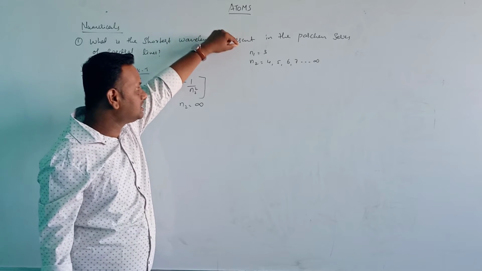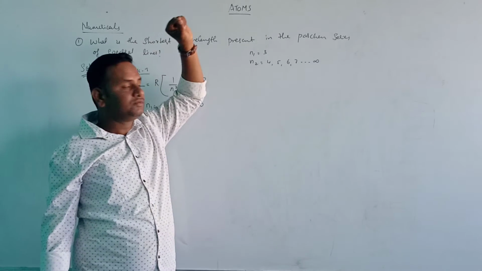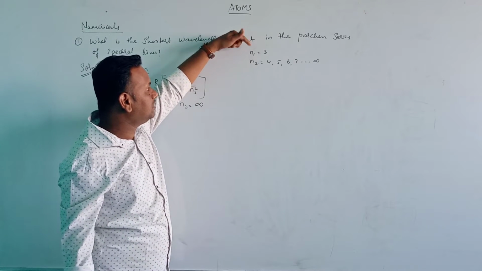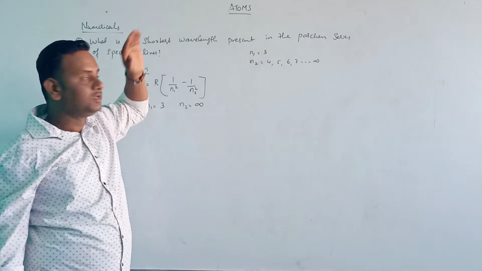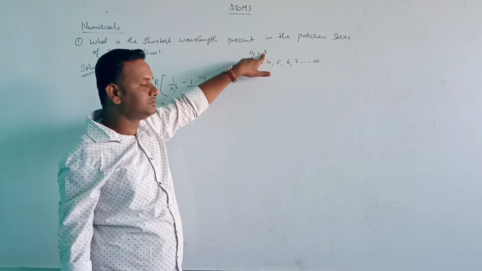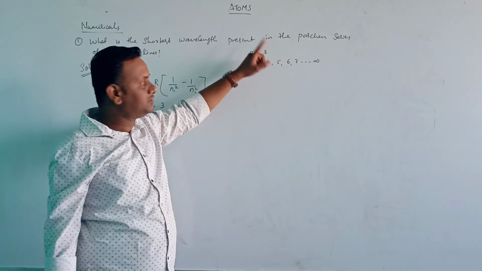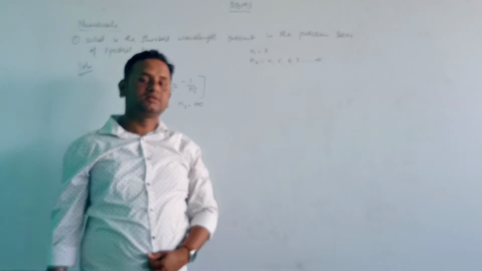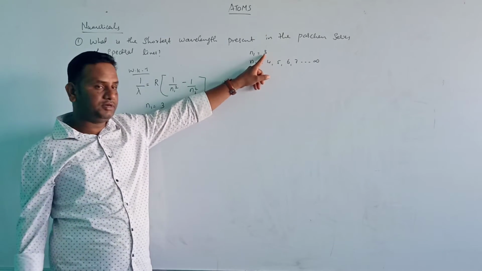In this series, the electron is jumping from a higher orbit, from the 4th orbit to the 3rd orbit, 5th orbit to the 3rd orbit, 6th orbit to the 3rd orbit, like this. The transition is from a higher orbit to the 3rd orbit.